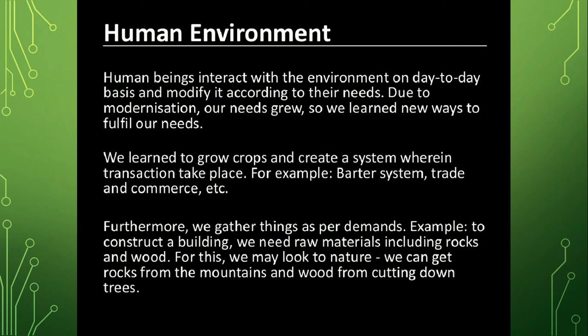A perfect balance is necessary between the natural and human environment. The environment is changing because of our increasing needs, due to which we are modifying and sometimes even destroying our natural surroundings.